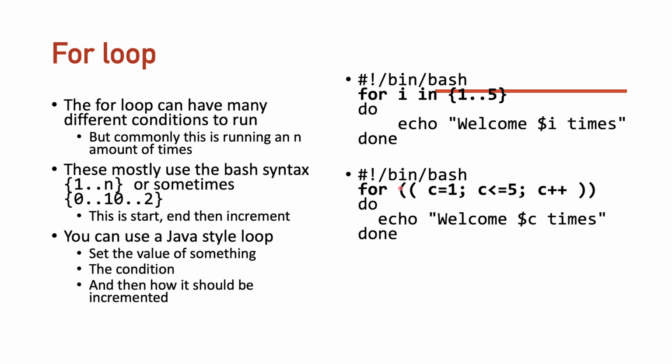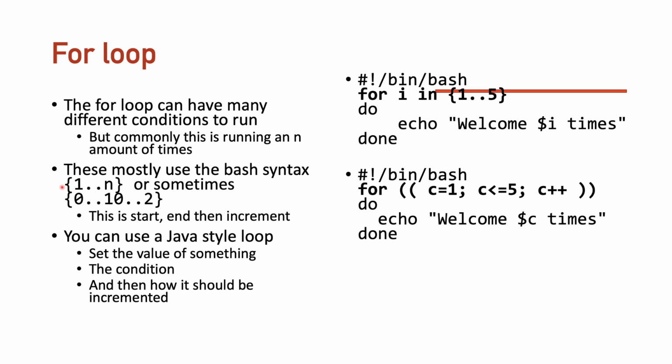This is another way of doing things that allows you to set the condition and also set the increment. It works the same. There's no real difference between the two. But primarily you use a for loop when you know the number of times you want it to run.